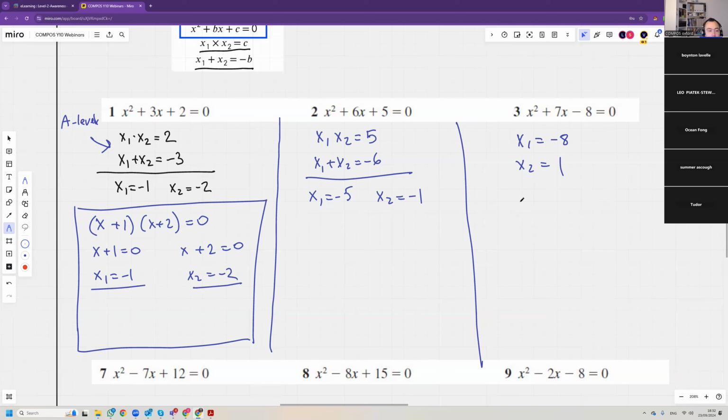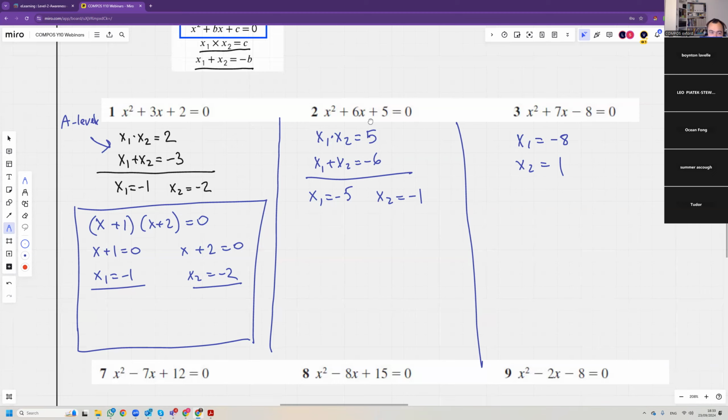How do you find x1 and x2? Trial and error. So you think, okay, which two numbers, when you multiply them, give 5? Well, it's 1 and 5. But they have to add to minus 6. Okay, that's going to be minus 5 and minus 1.